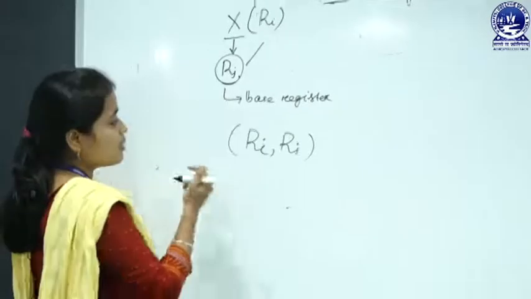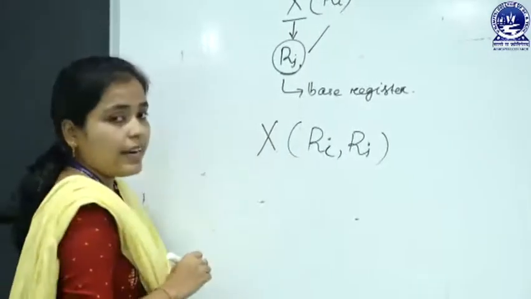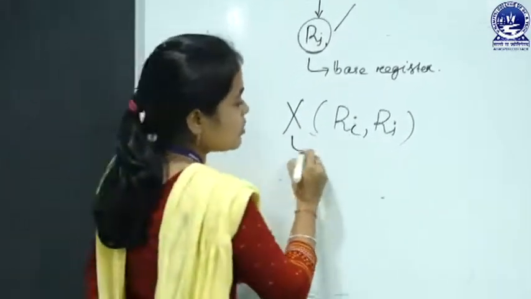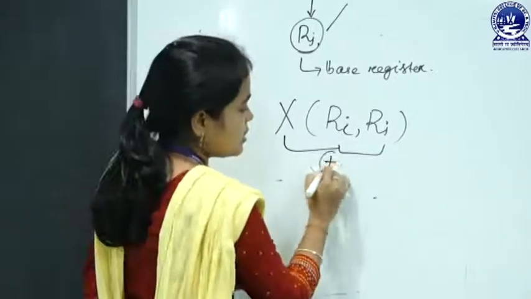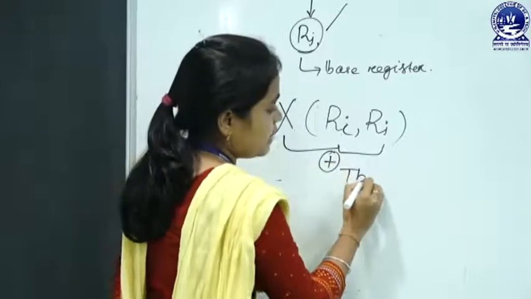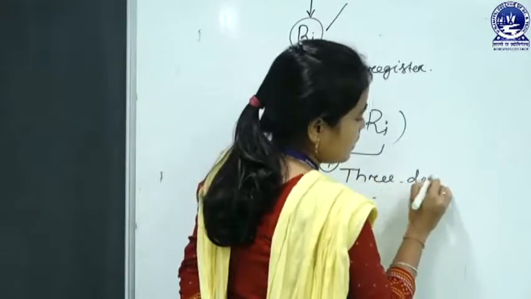And also in some other cases, we can write like this, you have to add these 3 values to get the effective address, and basically this is used to implement 3-dimensional array.